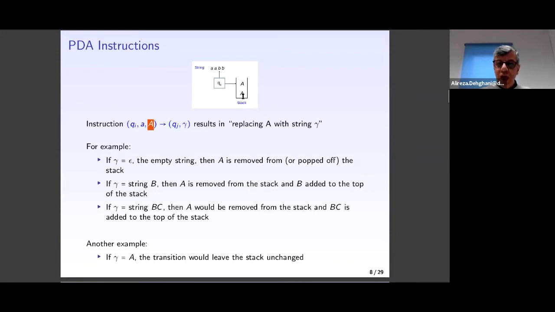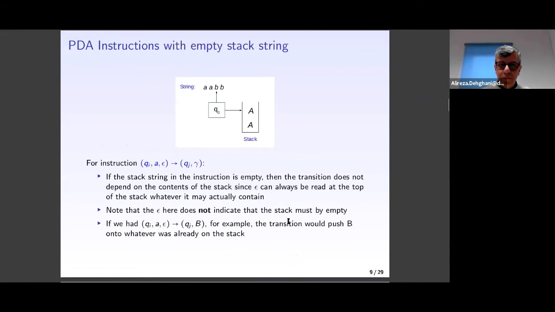So if the stack had only one character, you get rid of A and push B instead. And if it is BC, then A would be removed and BC is added to the top of the stack. So you can push more than one character at the same time. Another example, if gamma is A, the transition would leave the stack unchanged. Okay, so that's the whole story of the instruction in Pushdown Automata.